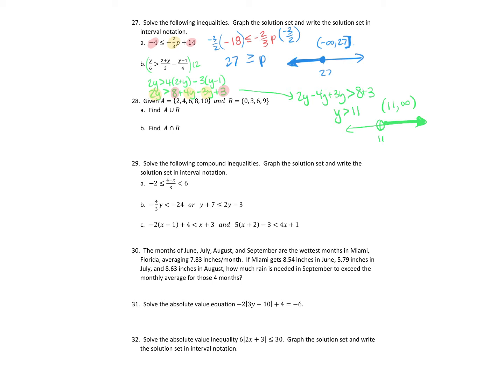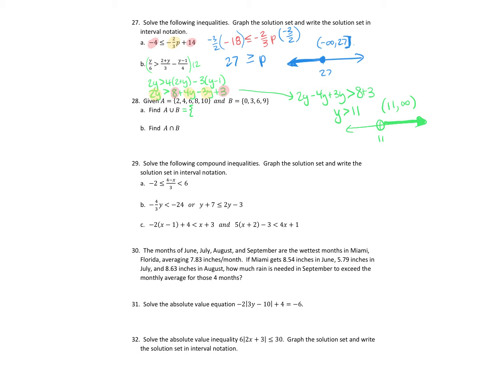Okay, so this is for union and intersection. So if we want to do A union B, we want to say all of the elements of A contained with all the elements of B thrown in together into one set. So I'm just going to try to do them in order.